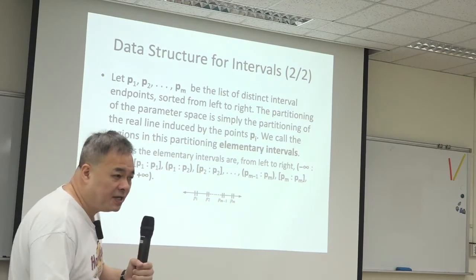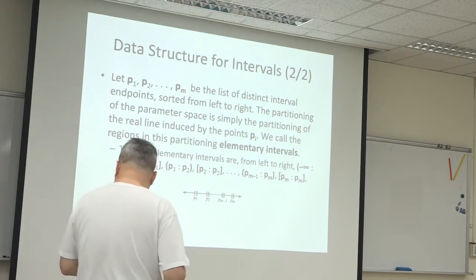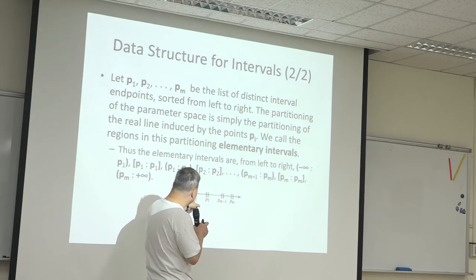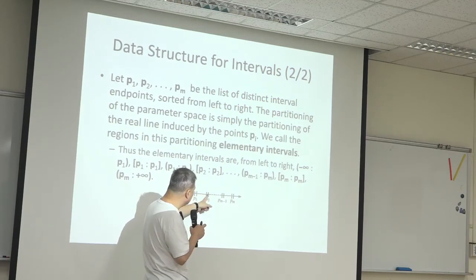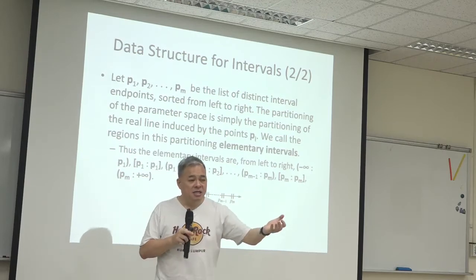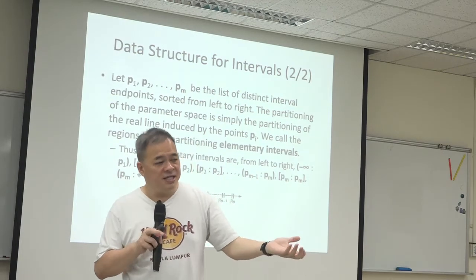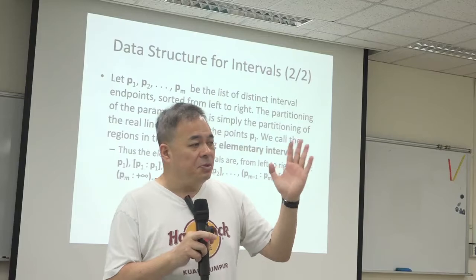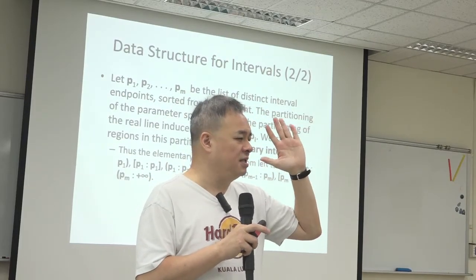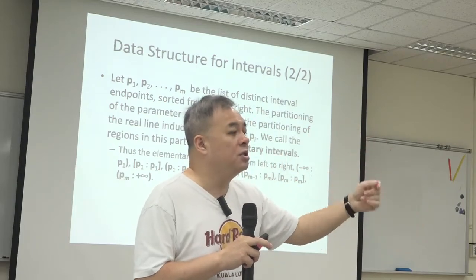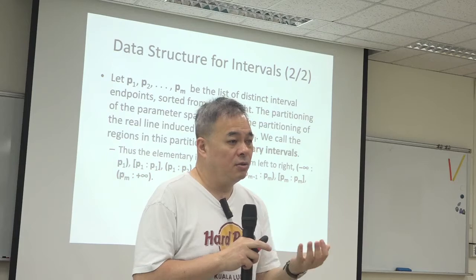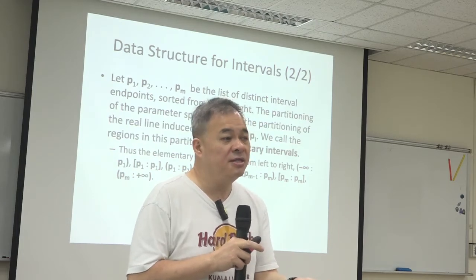For example, we could get an answer for this region first, then this one, and so on. We get an answer for each region and store these answers. So whenever we find the query point is in a certain region, we just retrieve the answer of that region. Wouldn't that be very efficient?